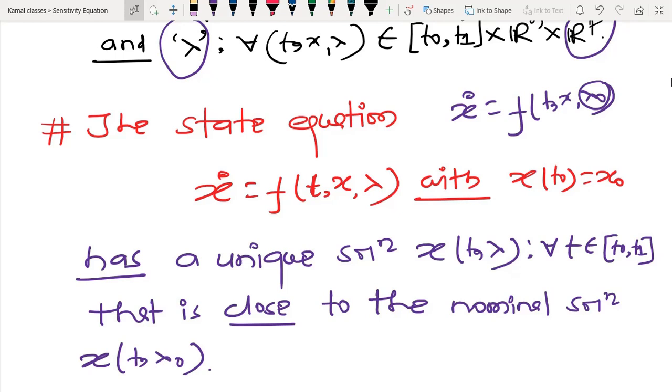Okay, and what one can show, I actually skip that proof, is that the unique solution depends on lambda for all t in [t0, t1] and is close to the nominal solution.